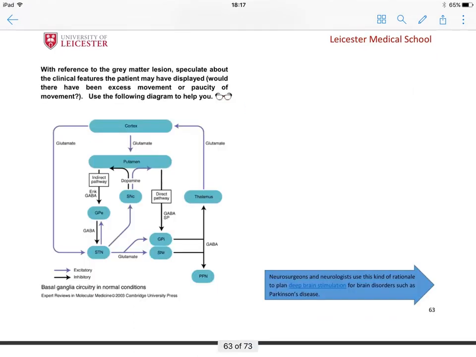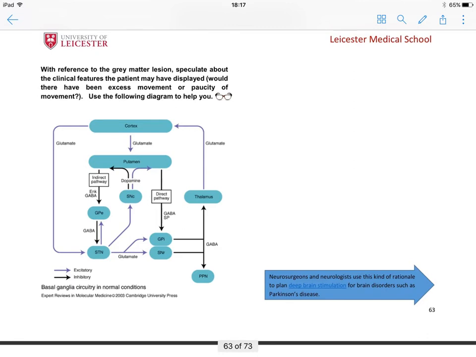Our next question asks us to predict the effect that damage to the internal segment of the globus pallidus might have on movement. We're basically asked to work out whether there would be excessive movement or a paucity of movement. So would there be more movement or less movement as a consequence of GPI damage?